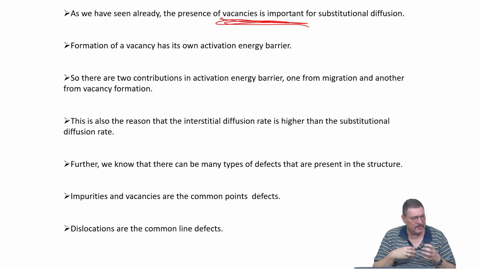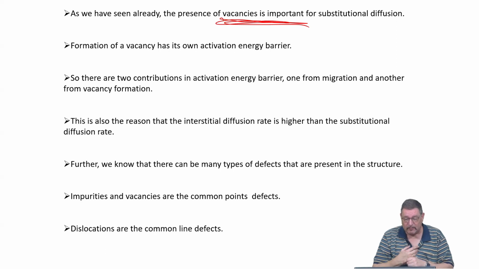And so vacancies need to be created, and they need to be created where they are needed. If an atom wants to substitutionally diffuse in the lattice from one site to the next, it needs to overcome the barrier between the neighboring atoms, and it needs to have a vacancy there that needs to be created. And to create a vacancy, activation is also necessary.